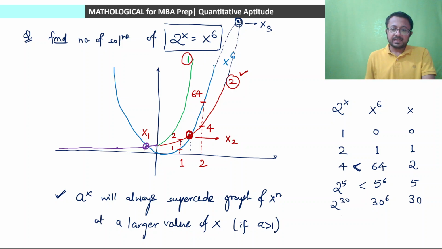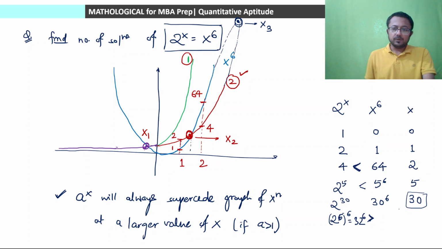Now 2 to the power 30 can be written as 2 to the power 5 to the power 6, which is equal to 32 to the power 6. So 32 to the power 6 is definitely greater than 30 to the power 6. So clearly, after a while, at x equal to 30, the graph of 2 to the power x is above that of x to the power 6, isn't it?